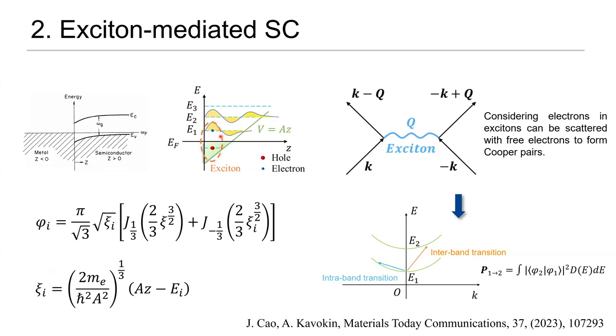You have two competing processes. One is exciton electron scattering that is governed by a long-range Coulomb potential, so you can scatter an electron which is far from you. And the other is exciton non-radiative recombination due to tunneling of electrons from the free electron gas.